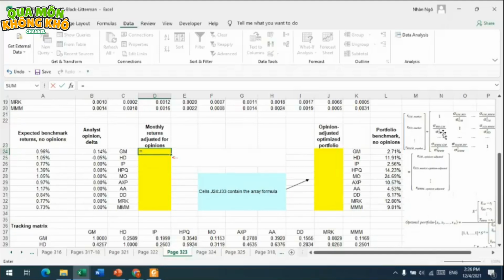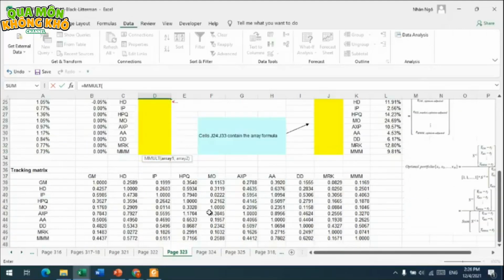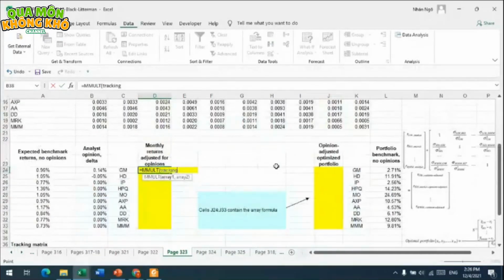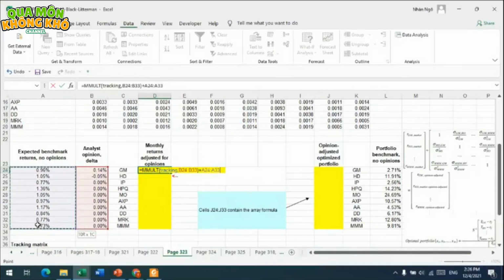Okay, we got the Mu matrix and the delta, and then plus the market return.